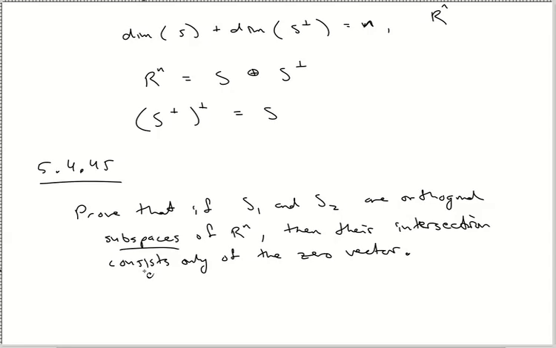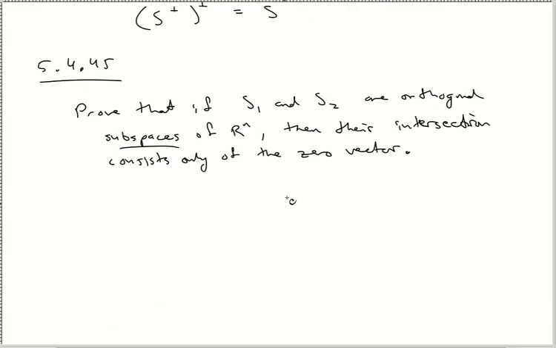That's going to be my starting point, because we're going to be talking about the zero vector mainly from the subspaces aspect.